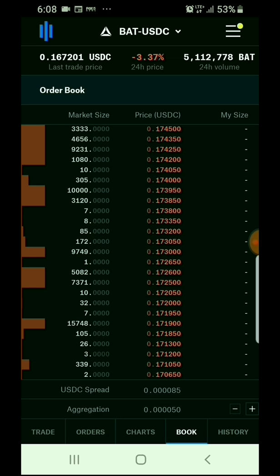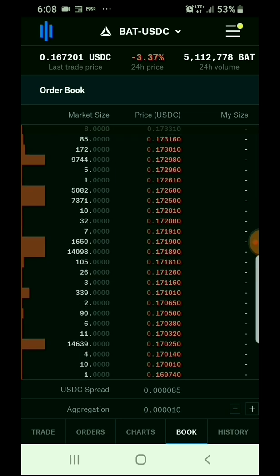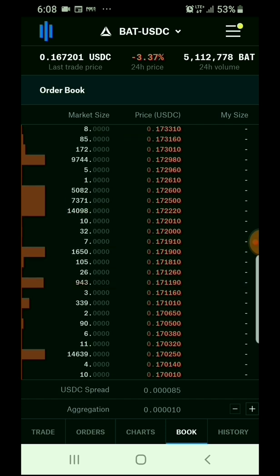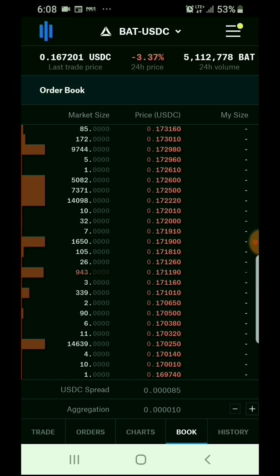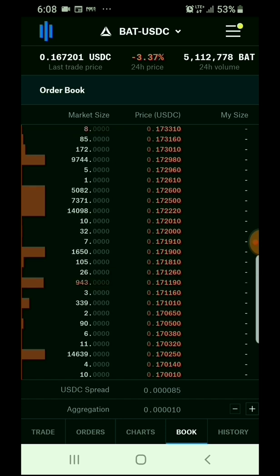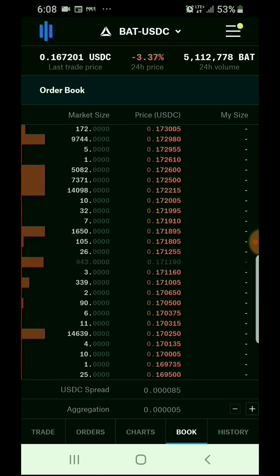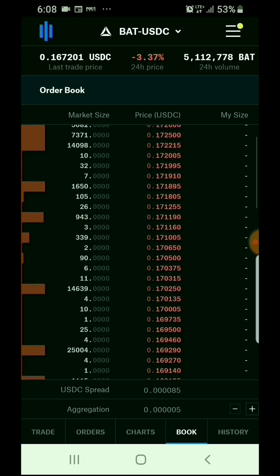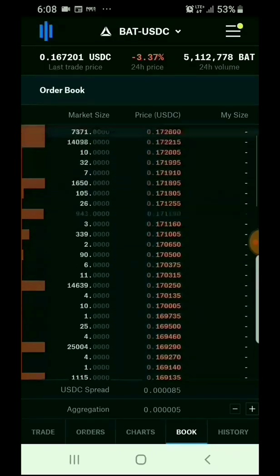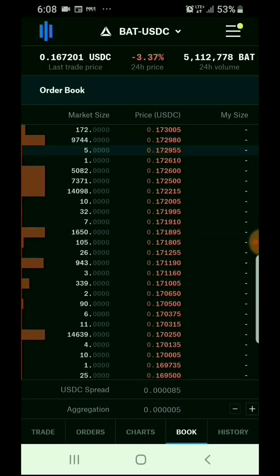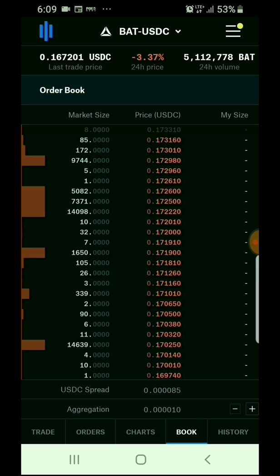So I see 10 right there, so I'm looking for that 10. Okay, so that 10 is still 10. I'm looking at 172, and I can't see it because it's moving around too much, but that's it. That's where I want to be right there. That's 172. Actually, I don't want to be there. Let's go back. Let's go up.